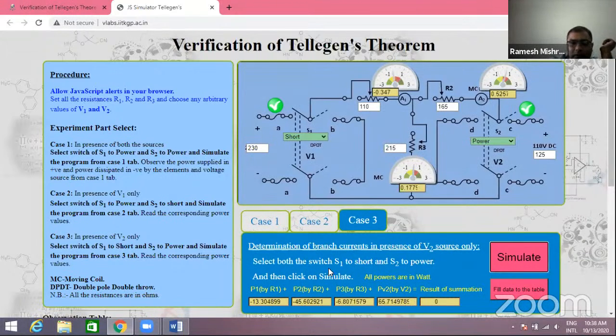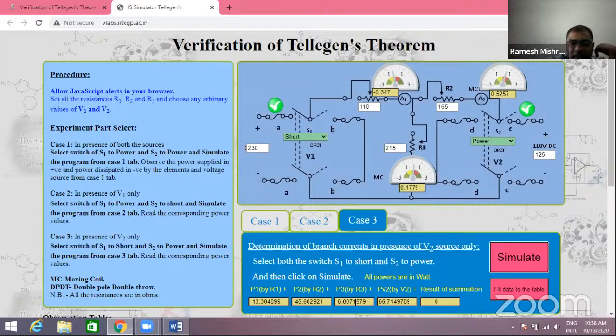The values should be present over there. P1, the power for the first resistance, is equal to minus 13.304899, and the power for the second resistance is equal to minus 45.602921.